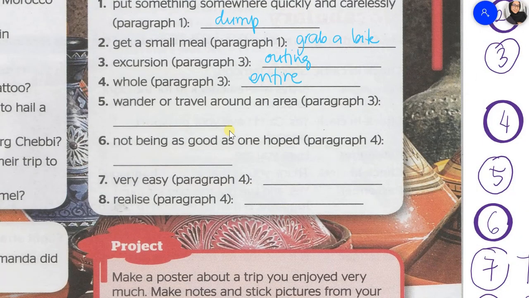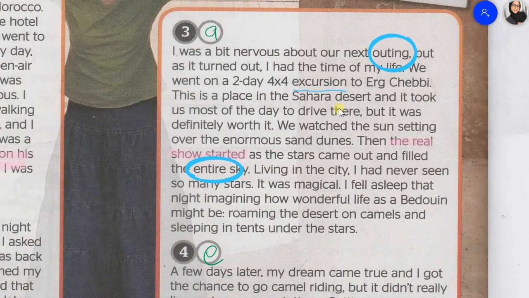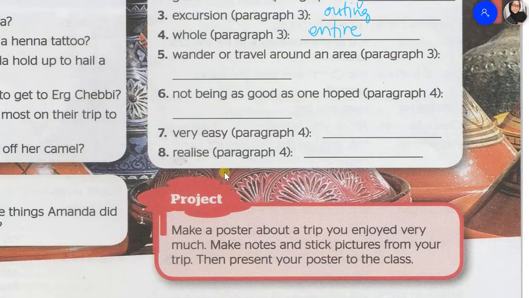Now, number 5, wander or travel around an area. Paragraph 3 as well. Which word means wander and travel around? It was magical. I fell asleep. Bedouin might be roaming the desert, roaming, wander around and traveling. So roaming is the word. Itulah maksud dia macam merayau. Merayau-rayau. Roaming.